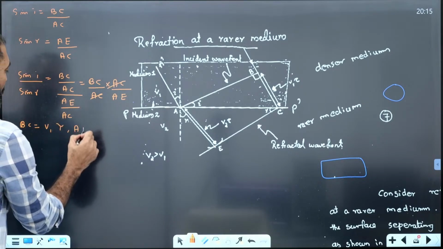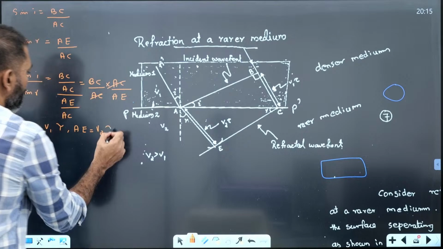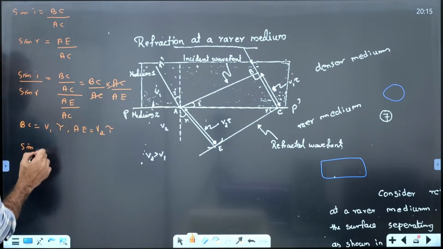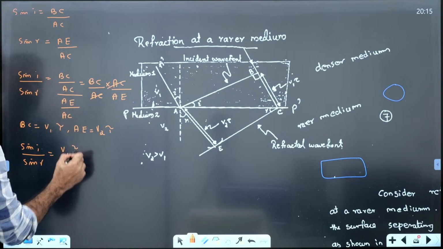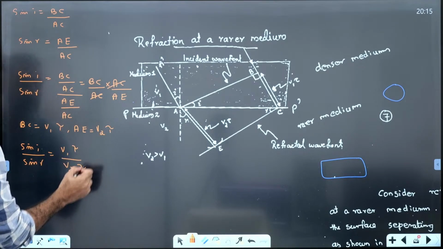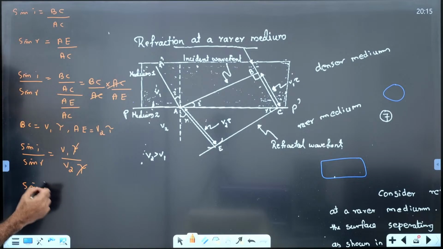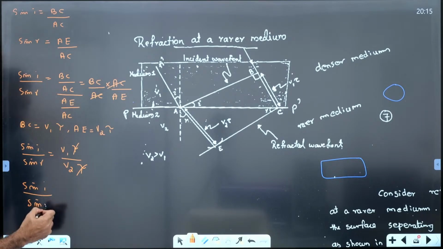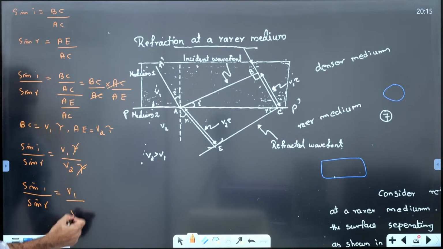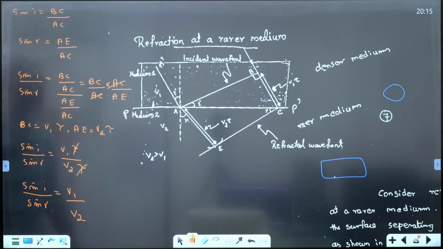AE is v2 tau. So sin i by sin r is equal to v1 tau by v2 tau. That means sin i by sin r is equal to v1 by v2.